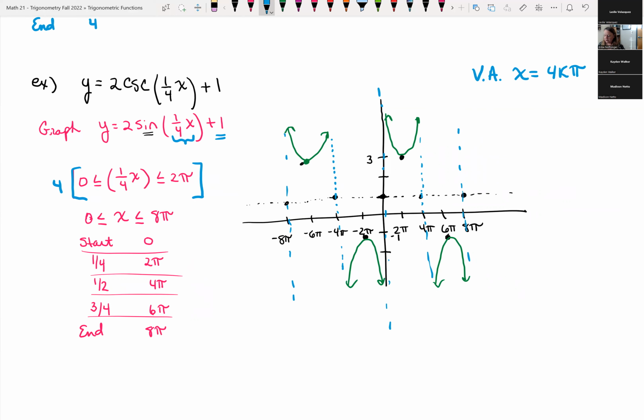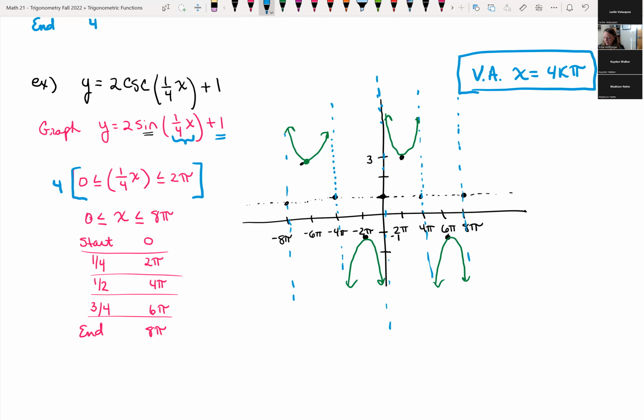So if we plug in 0 for k, notice we get 0, which was one of our asymptotes. If we plug in the integer 1, 1 times 4 pi is 4 pi, I'm just checking. If I plug in the integer of 2, 4 times 2 is 8 pi, which was one of our vertical asymptotes. Plugging in negative integers, -1, 4 times -1 is -4 pi, which we have. So vertical asymptotes occur when x equals 4k times pi.